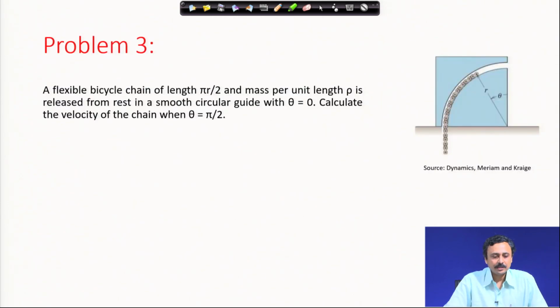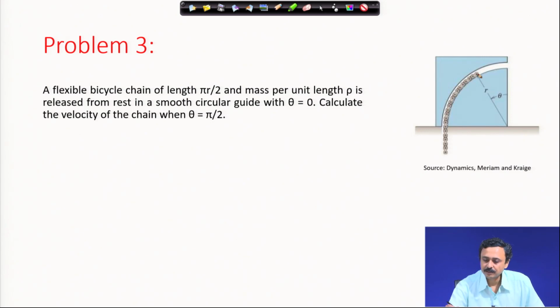Next we look at this problem of a flexible chain, like a bicycle chain. A flexible bicycle chain of length pi r by 2, so it is a quarter of this circle which has been shown, circular path, and mass per unit length rho, is released from rest in a smooth circular guide with theta equal to 0. You can note here how theta is defined.